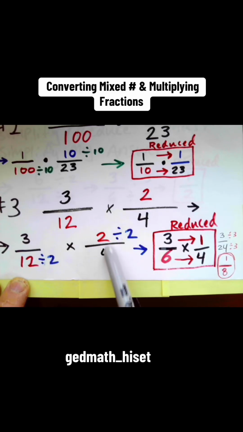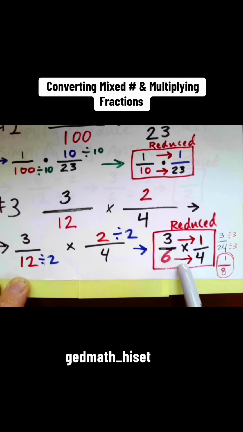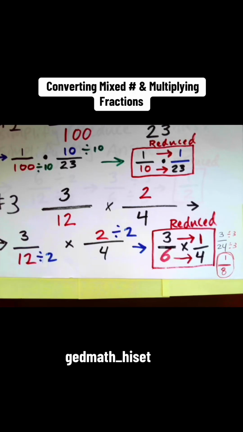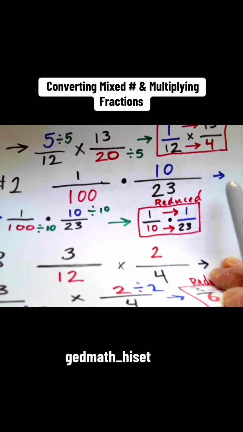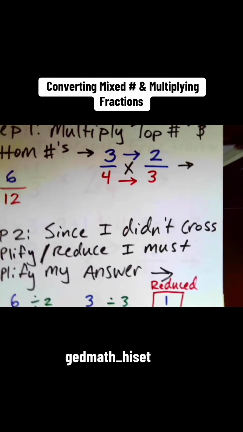And I could have reduced 2 over 4, because 2 divides evenly into 2 and 4, giving me 1/2. So 1/4 times 1/2 is 1/8. I wanted to show you this additional step because sometimes math is not as simple as it sounds. All right, so let's move on to a couple of other examples here.